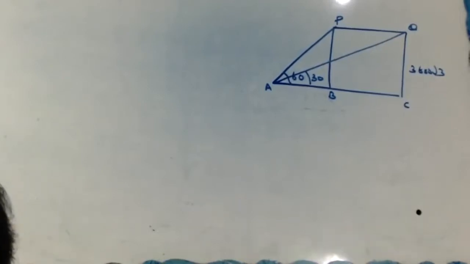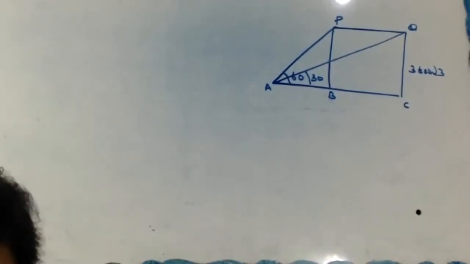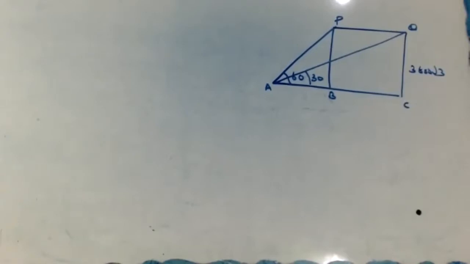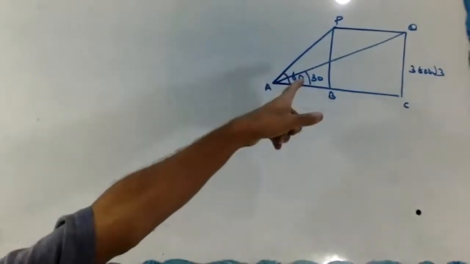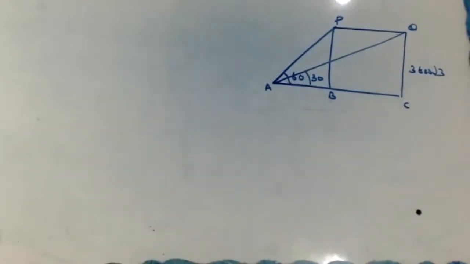Once again, listen here. Listen all. Don't sleep, listen all. The angle of elevation of a jet plane from a point A on the ground is 60 degrees. That is here. From here, the flight at P, the angle of elevation is 60 degrees. The flight moves to the right side, and in 30 seconds the angle of elevation changes to 30 degrees.